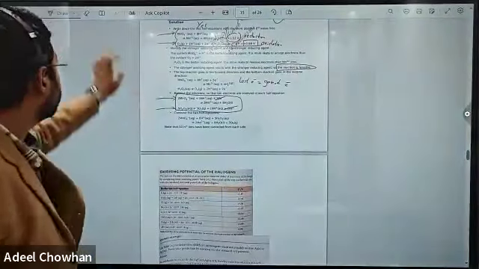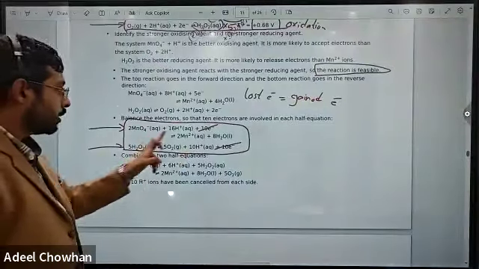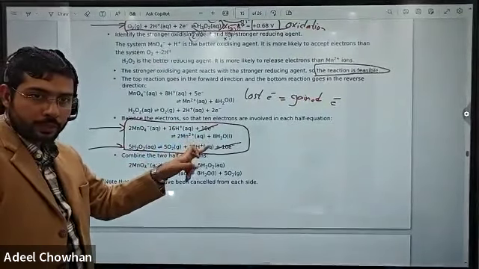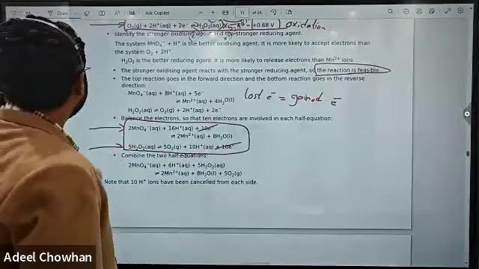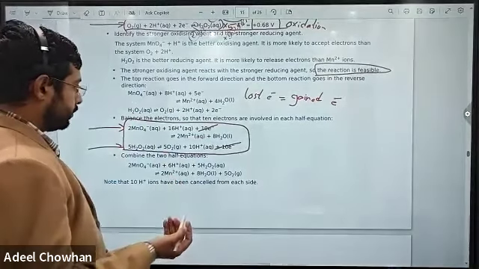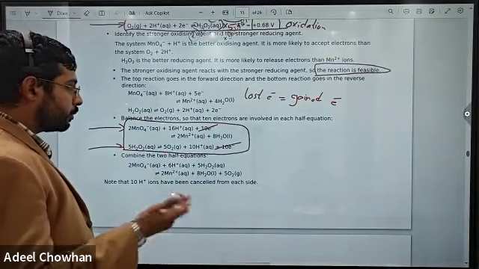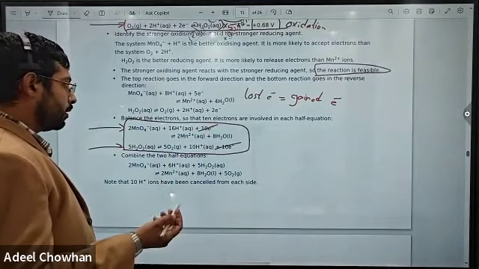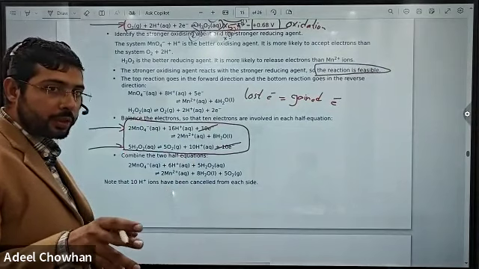So from these two reactions, you have to decide the overall equation. So we have cancelled out the electrons because they were present equally on both sides. What else did we have on both sides? Which other species are present on both sides? Because those are the ones which are being cancelled.